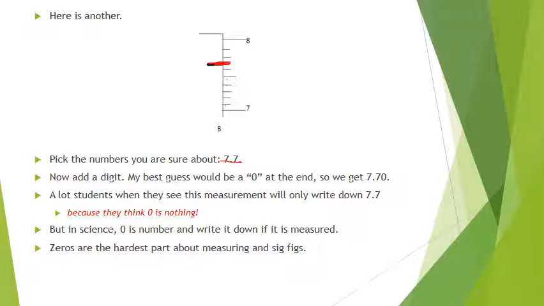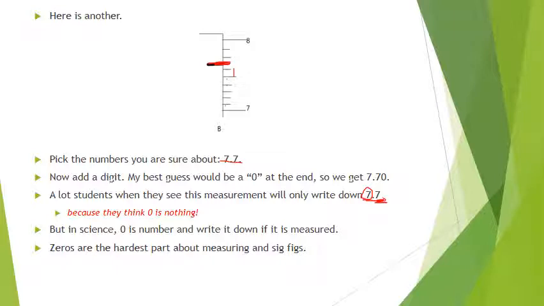Now a lot of students would just go, it's 7.7. But if you write down 7.7, what number are you sure about? You're only sure about the 7, all right? And you're guessing on this digit. What you're saying is that this could be a 3, it could be any of these numbers in between here. So what we're going to do is add another digit over here. That's going to make it solid.